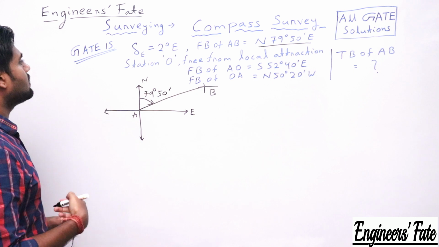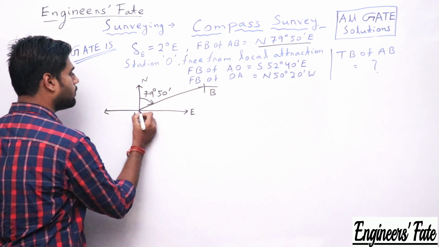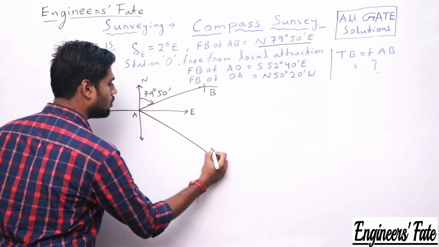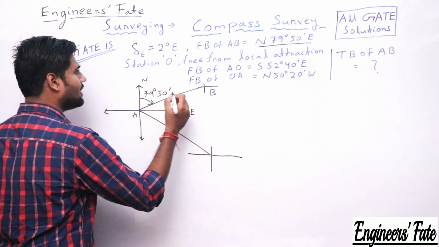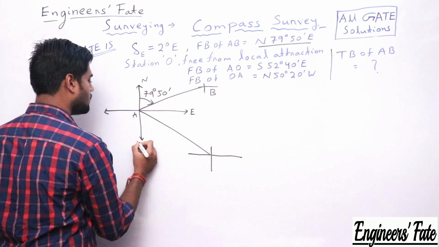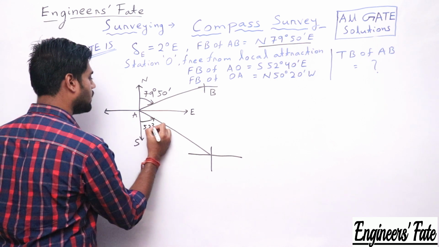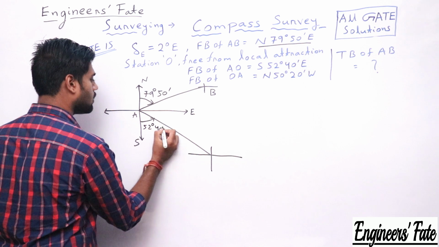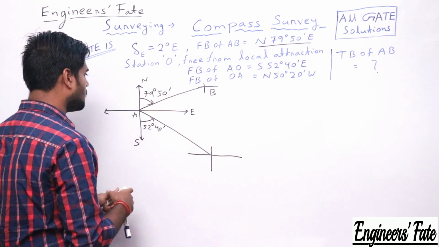Now station O is free from local attraction. So the forward bearing of AO is South 52 degree 40 minute East. This is south, so this is 52 degree 40 minute. Now I have to convert it into whole circle bearing.